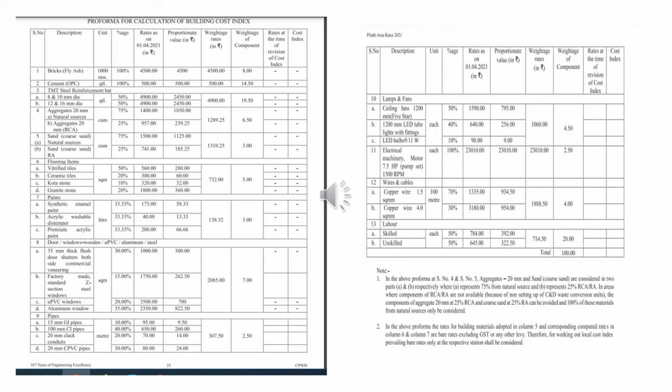Once you put in all those values, you will get the revised cost index, and this cost index is based on plinth area rates, and you see the rates are considered as of 1/4/2021. So suppose in June 22 somebody wants to know the cost index, then rates of June 22 will be placed and multiplied by weightages, the costs found out and added, and then you will get the cost index.